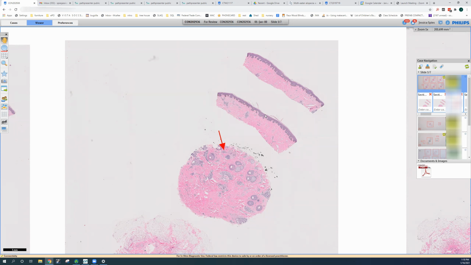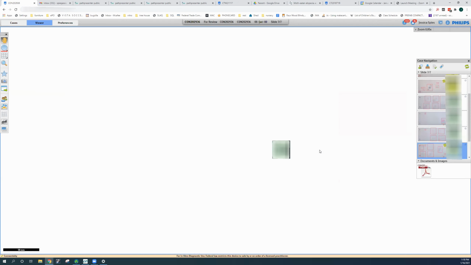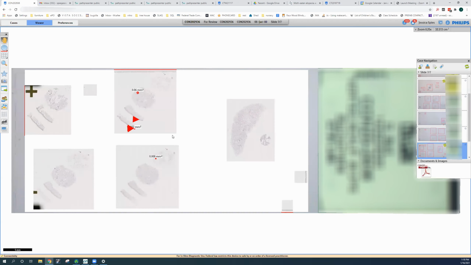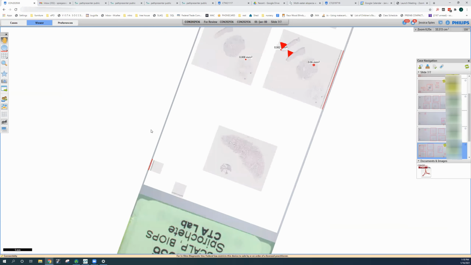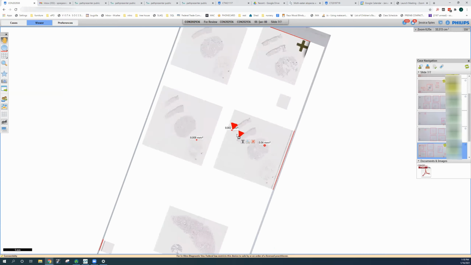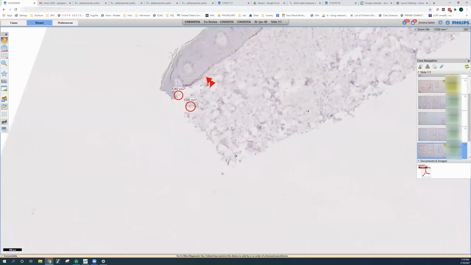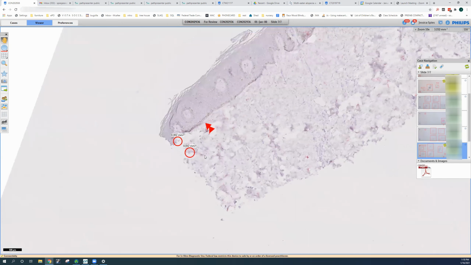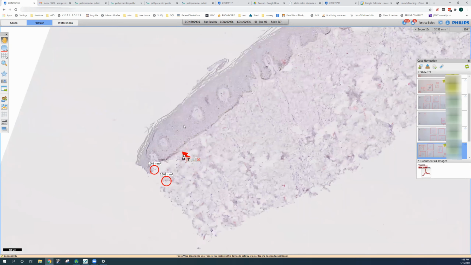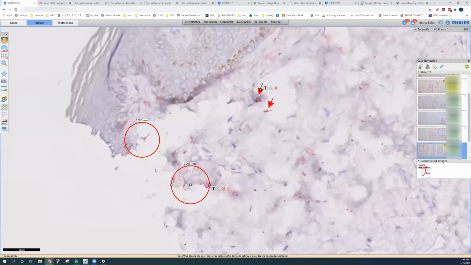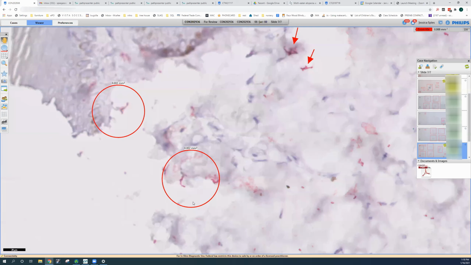So let's go here to our syphilis stain, or our spirochete stain. Actually, this is a spirochete stain, which would also highlight the spirochetes of Borrelia. And you can see here we're near the epidermis and the superficial dermis. We've got lots and lots of organisms.